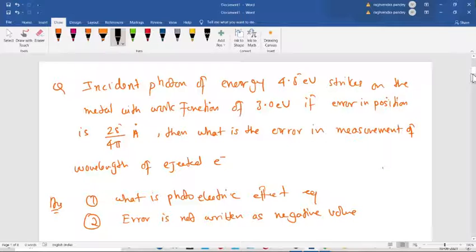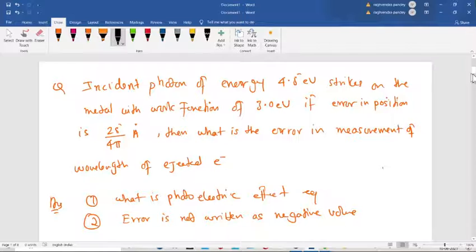The error in measurement of time is h. H is Planck's constant.